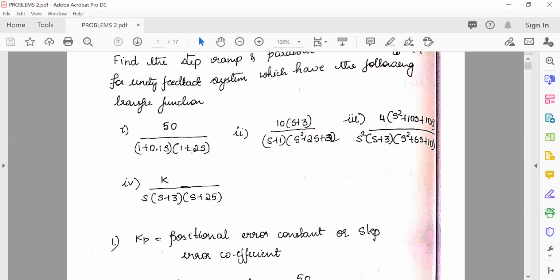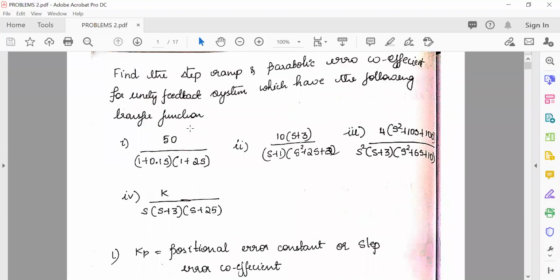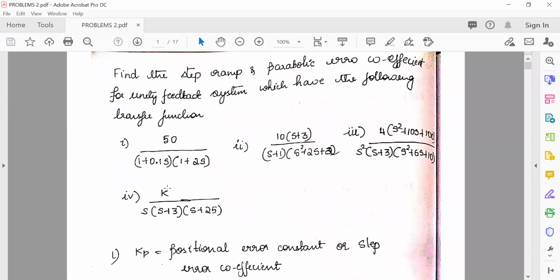Similar to how we did the previous problems, we have 4 equations for which we have to find those 3 error coefficients. Considering the first one here, this value is nothing but the g of s value. And they have told us it is a unity feedback system, so h of s will be equal to 1.